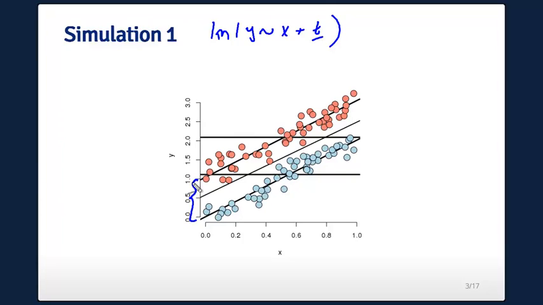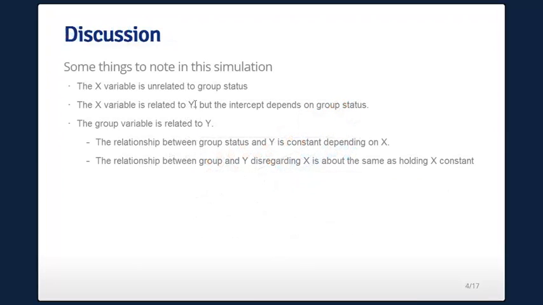But if we disregarded x, I show it right here: the difference in the means in the absence of covariate adjustment. And to me, those look about the same, which is good. It means that it didn't matter whether we regressed on x or not. But let's keep going. Let's discuss this first, and then we'll keep going. It's going to get harder.